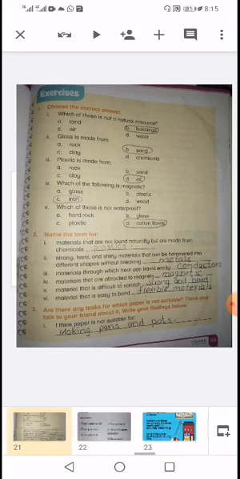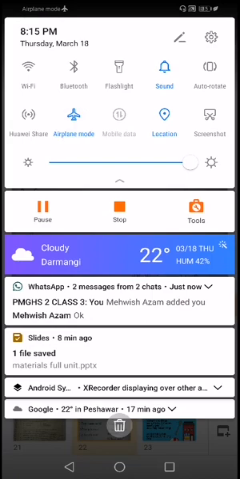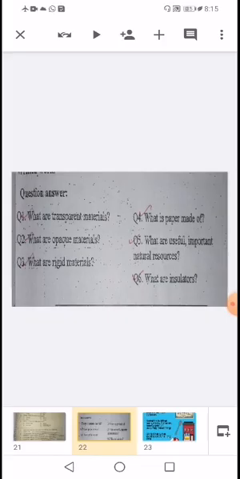Okay, now come to the question answers. The first question is, what are transparent materials? The materials which allow whole light to pass through them are called transparent materials. You can also write this answer like this: the objects which allow light to pass through them are called transparent materials.